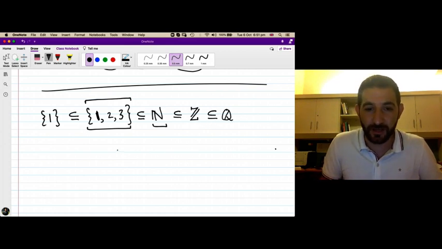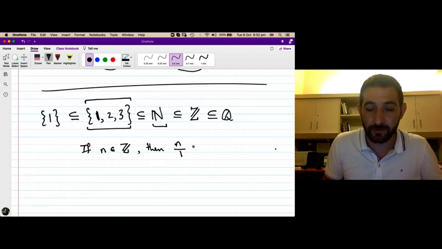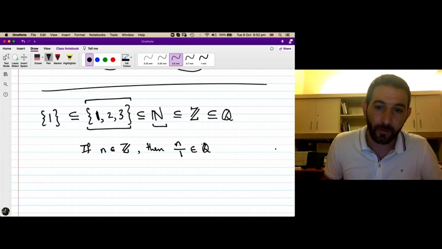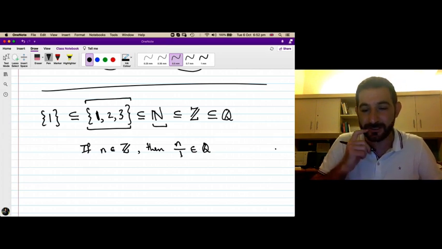Why? Because choose any integer n in Z. Then, if n is in Z, then n is of the form n over 1, so it belongs to Q, the rationals. We define the rationals to be all numbers of the form an integer over an integer where the denominator is not 0.